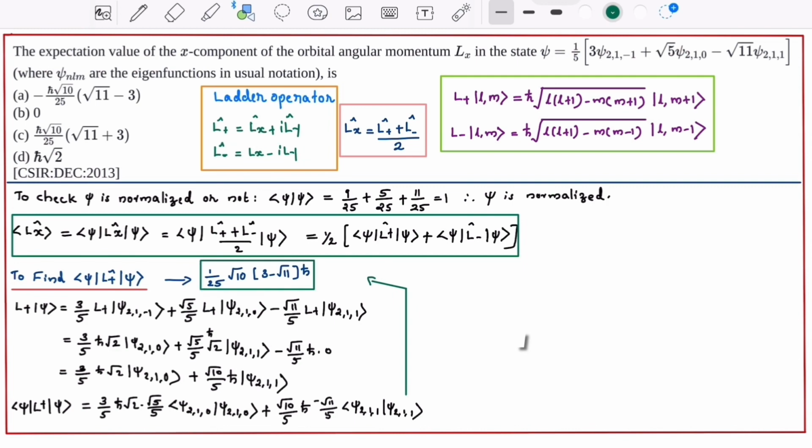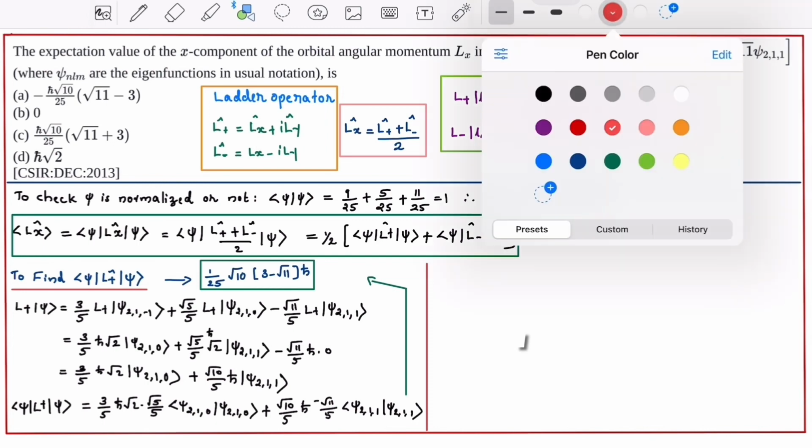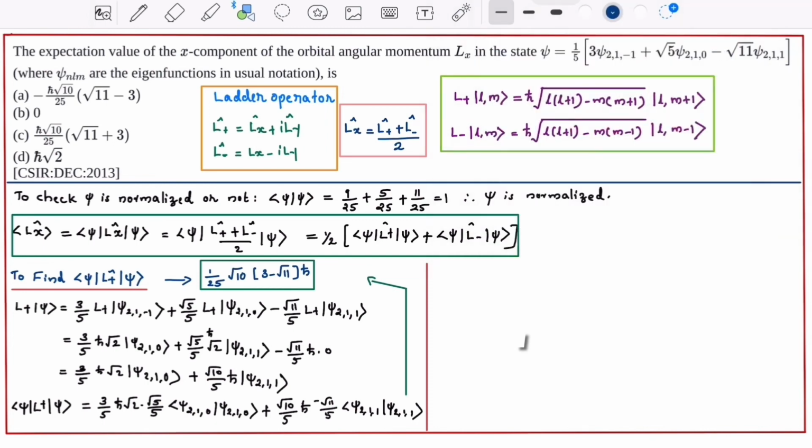Now in the same way, let us evaluate what is psi L minus psi. To evaluate this, let us first evaluate what is L minus psi.